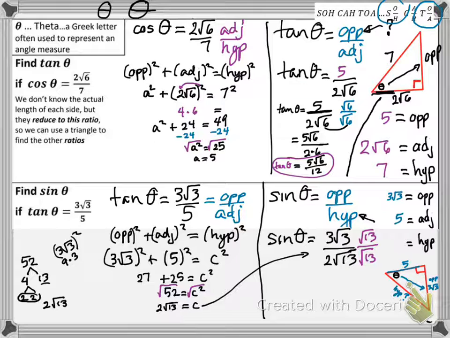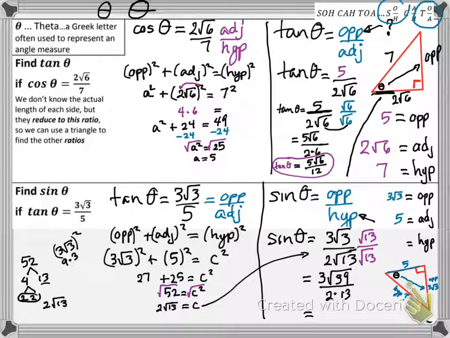It's going to change the way it looks, but it's not going to change its value. So that I end up with a 3 and a square root 39. On the bottom I get a 2, and root 13 times root 13 happens to be root 169. That doesn't really matter because we know that square root 13 times square root 13 has to turn into just 13.